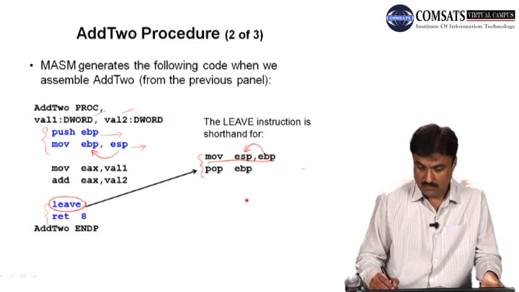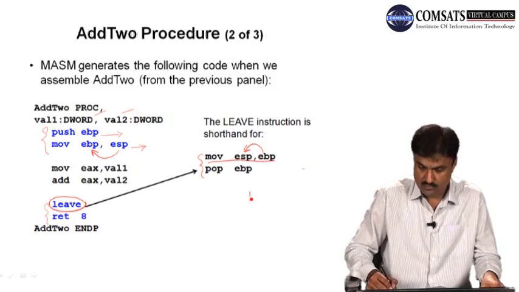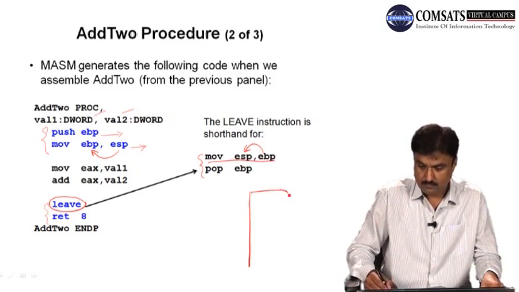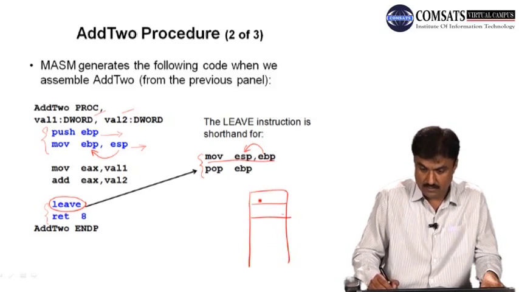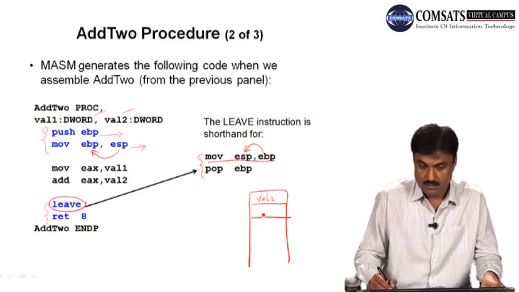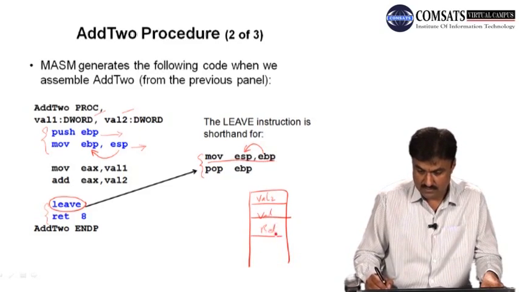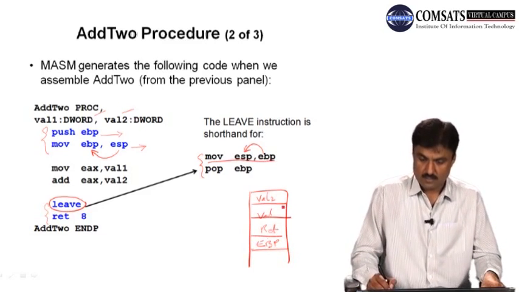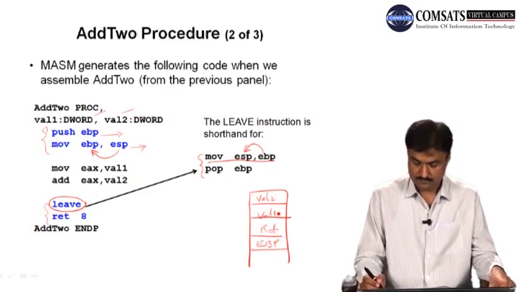For example, what will happen here, I can draw at this point. So 2 double words will be added here. First one is val2, the value of val2, and then val1. Then we will have the return address, and then EBP is stored here. So EBP, val2 and val1 and so on.